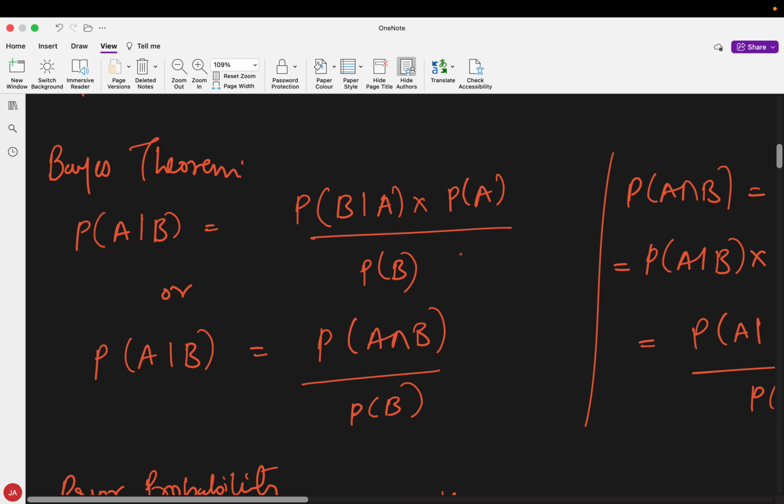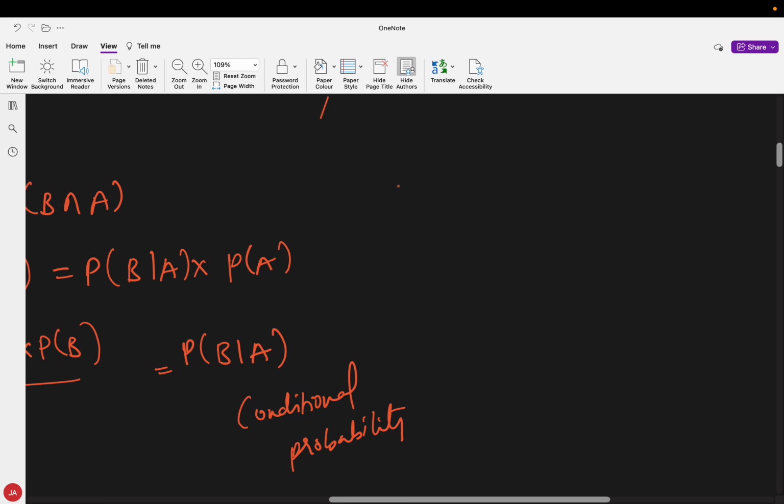Okay. So Bayes' theorem states that the probability of event A given that event B has already occurred is given by the probability of B given A times the probability of A, divided by the probability of B. Here it simply means that when event A has already occurred, let's say we have 52 cards, and we know the given card is a king, so why should I look at all 52 cards?